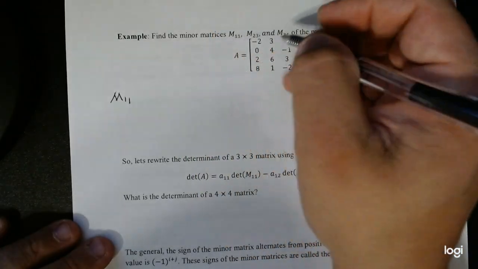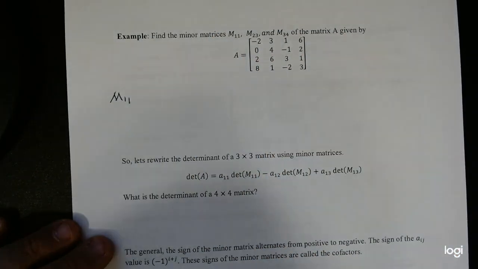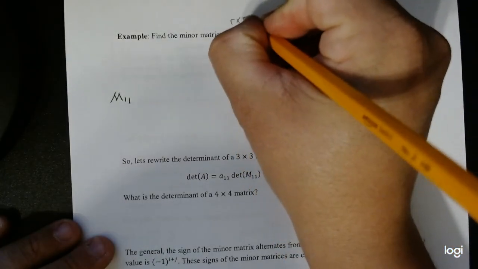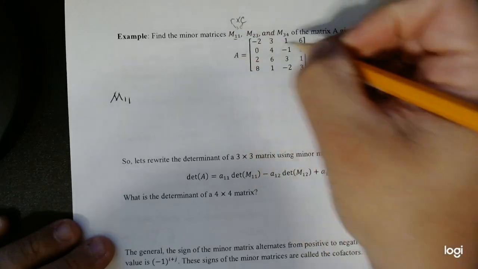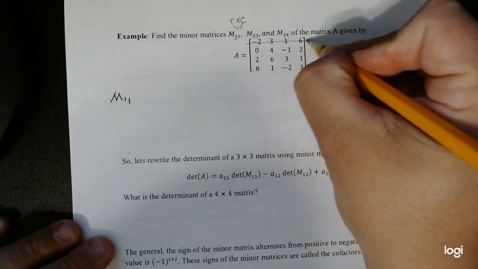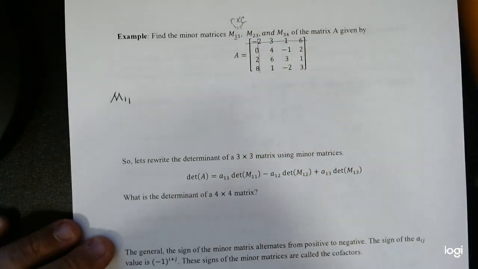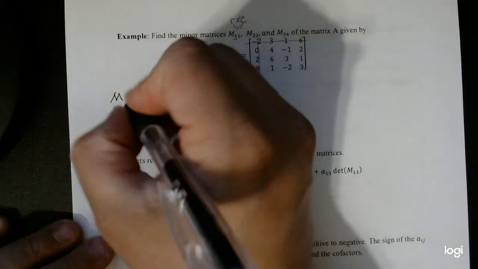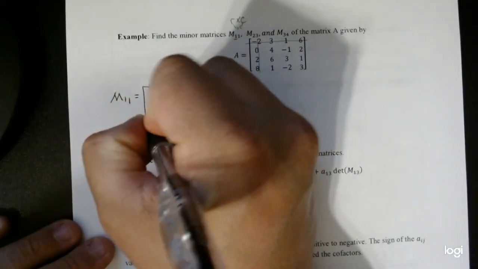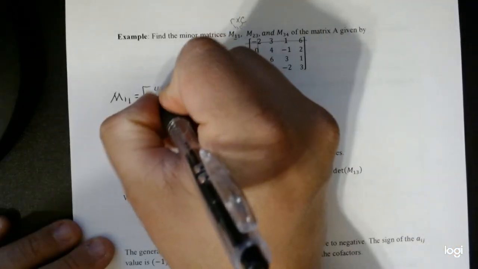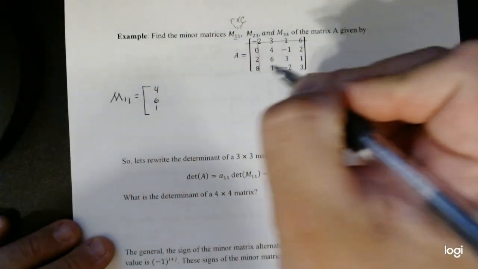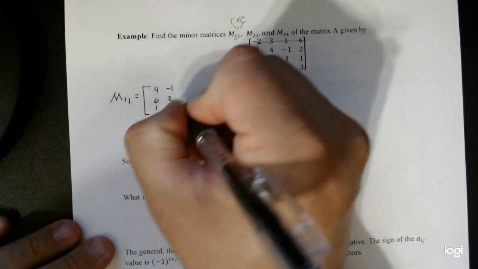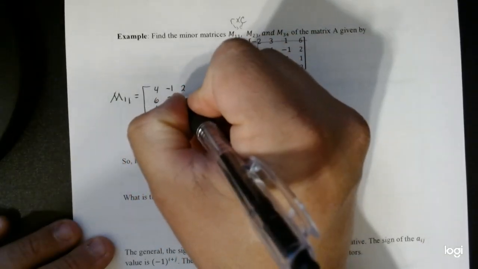I'm going to eliminate, remember, it's always row by column, and that same process applies here. So first row and first column. So essentially, the first process of getting the determinant, and you'll see that in a little bit. So this is the minor matrix 4, 6, 1, negative 1, 3, negative 2, 2, 1, 3.